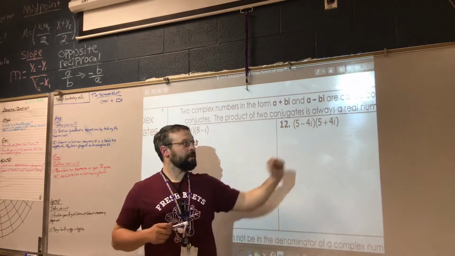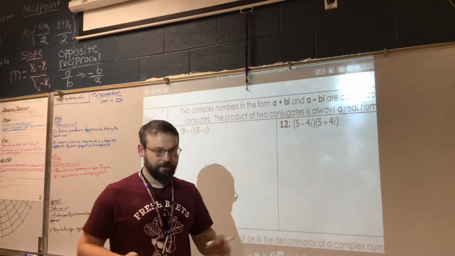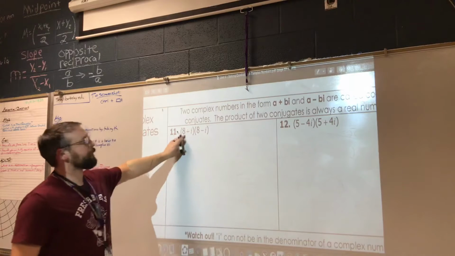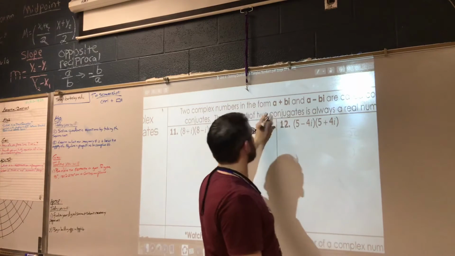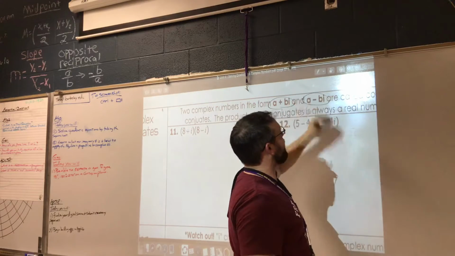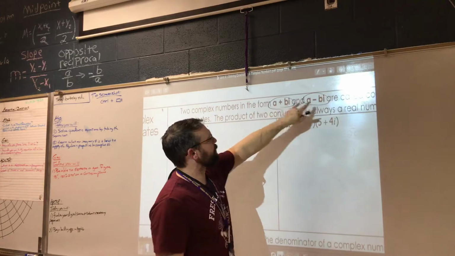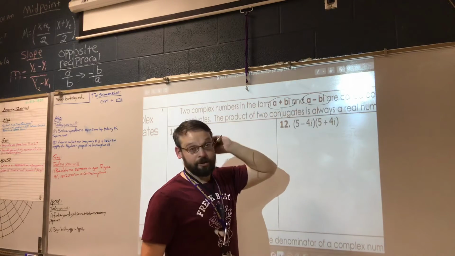So I'm going to go ahead and tackle this real quick and just do a little mini lesson, and then we'll get right into completing the square. All right, so complex conjugates. Two complex numbers in the form a plus bi and a minus bi. Just some things to remember: the a part is the real number, the bi is the imaginary number.